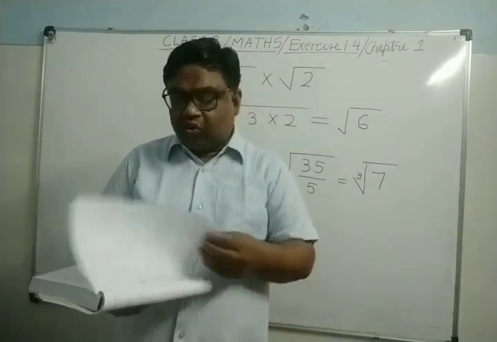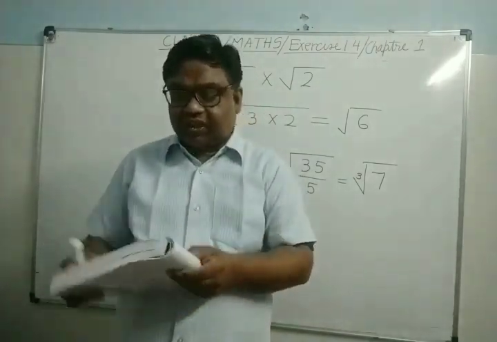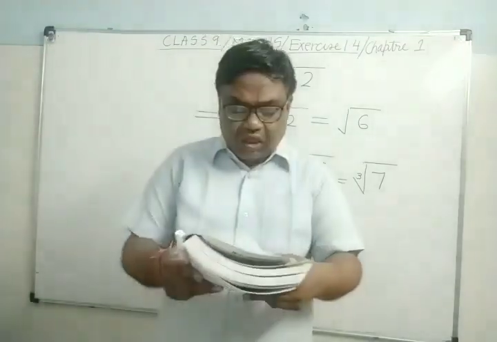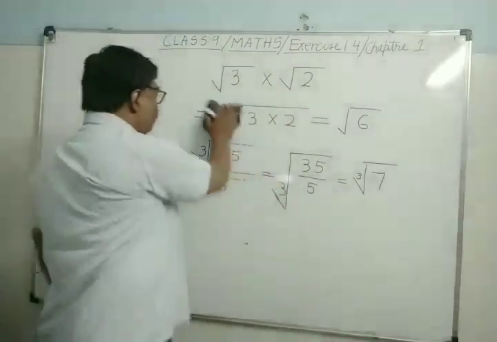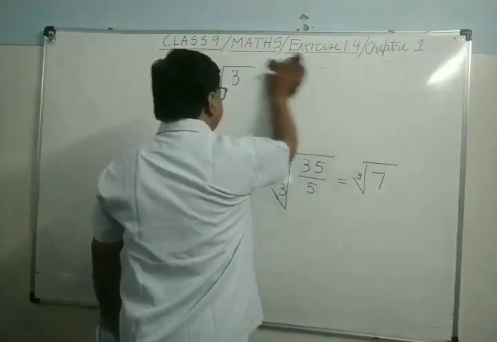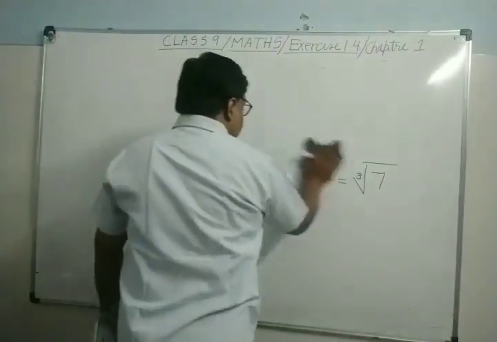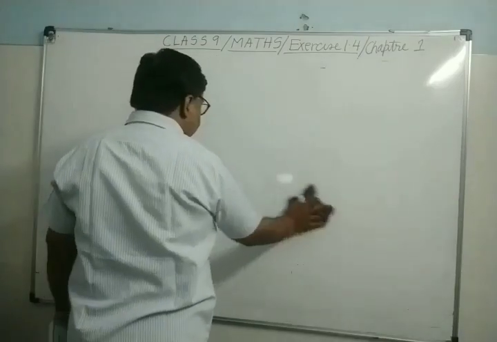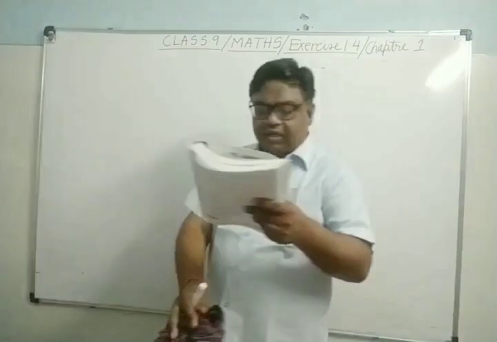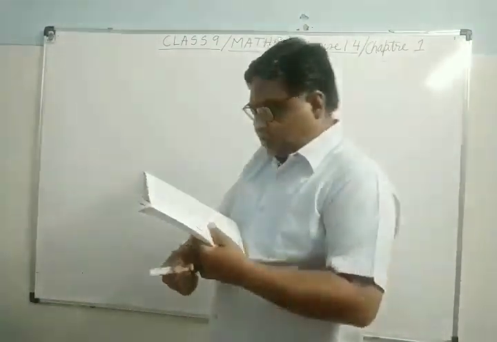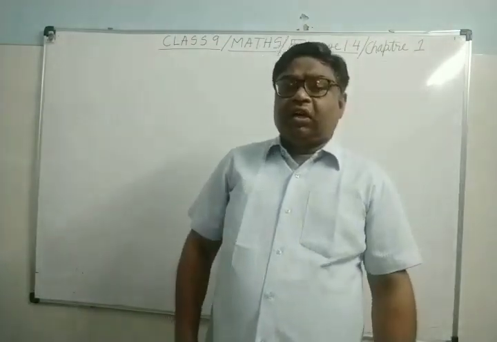The other rules, if any, we will discuss afterwards. First you see the numerical questions here, Exercise 1.4, and the questions are very simple. Exercise 1.4 and 1.5 are very, very important exercises. So you remember this.